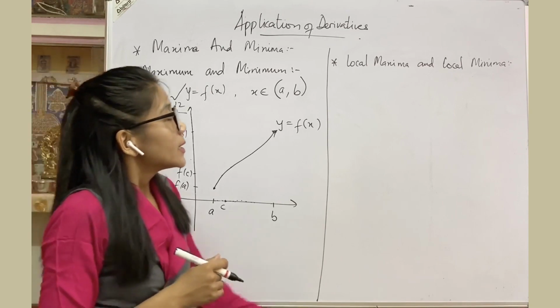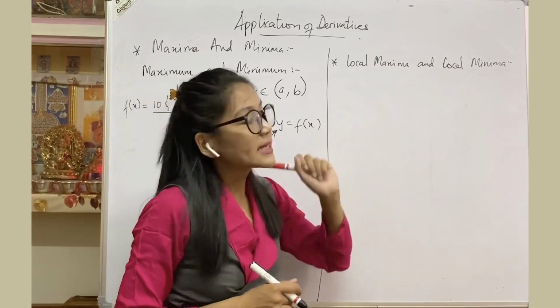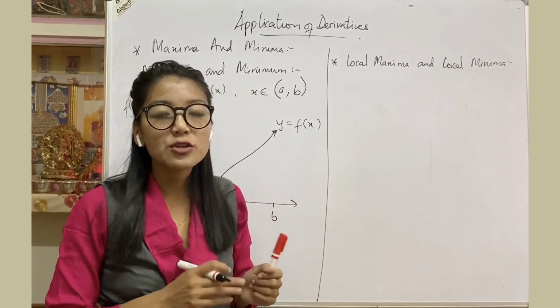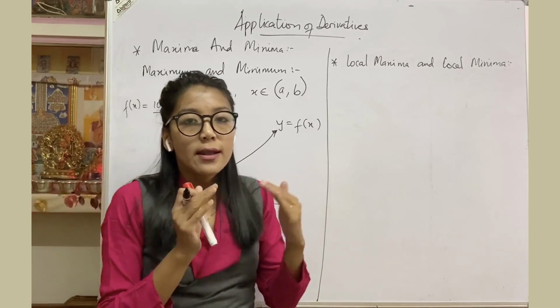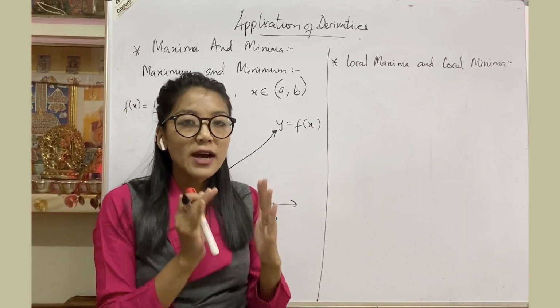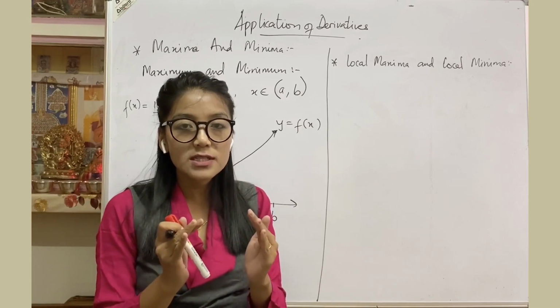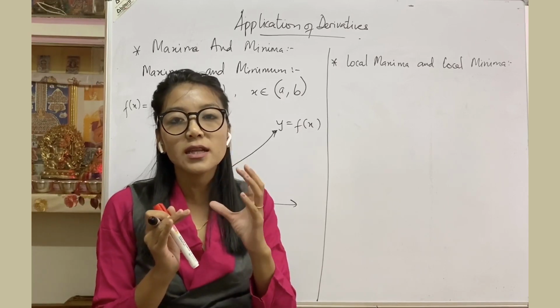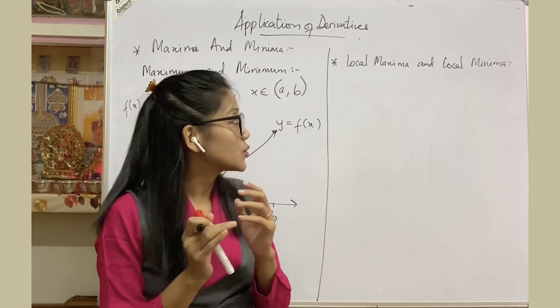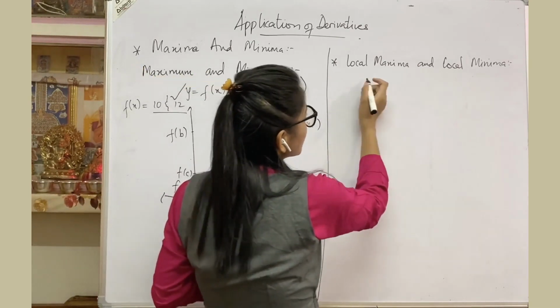Now when we talk about local maxima and local minima, what you have to do is divide the given interval into sub-intervals, and within those sub-intervals you locally find the maximum and minimum values of the function. Let me give you this example.